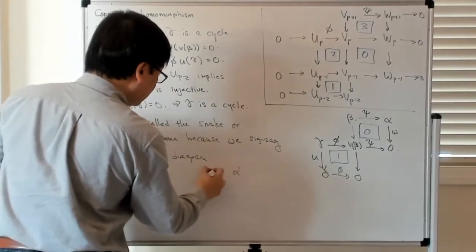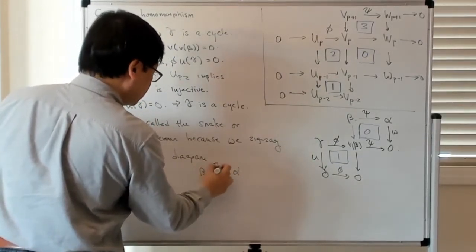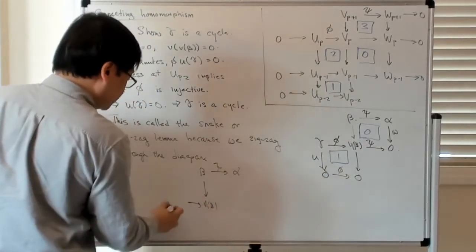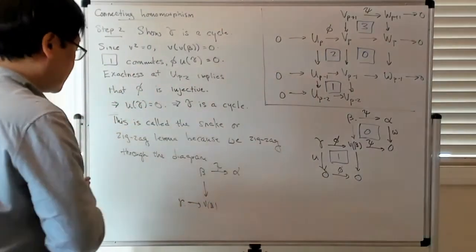So we go from alpha to beta to v beta to gamma. Okay.